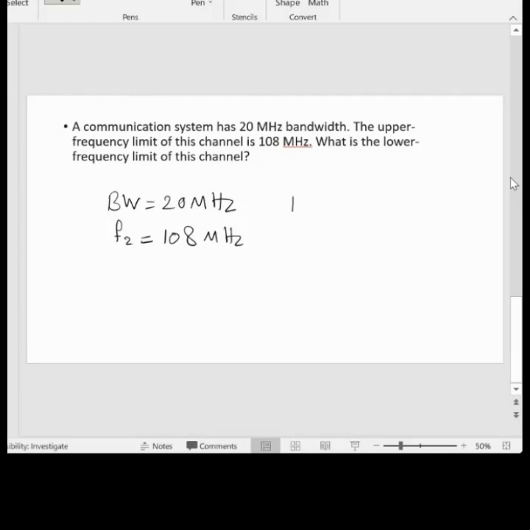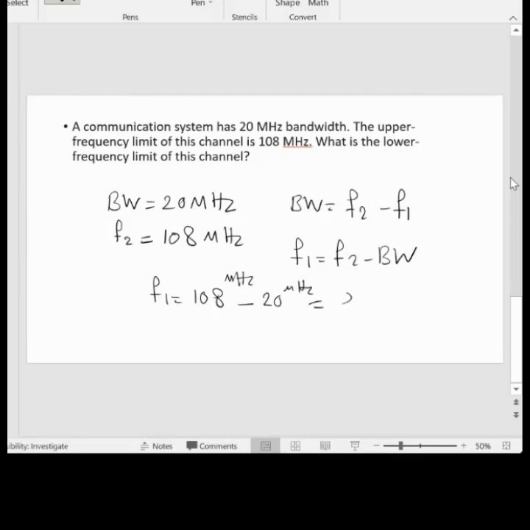So we said the bandwidth is F2 minus F1. Now we are looking for F1. Then we have F2 minus the bandwidth. So F1 equals 108 megahertz minus the bandwidth of 20 megahertz.